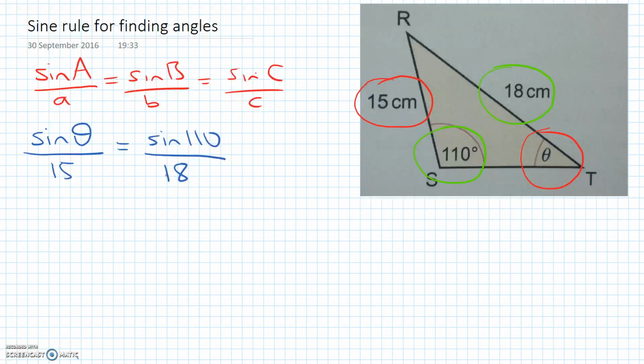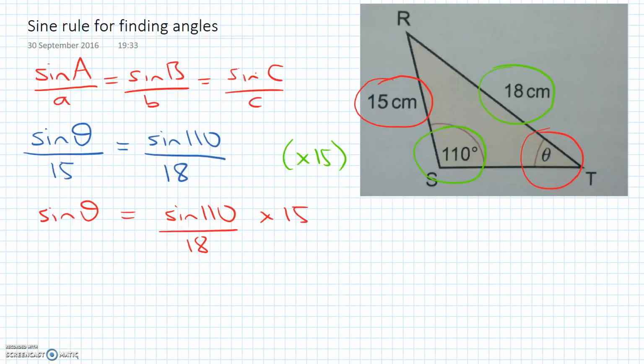Okay, so we've now got a relationship with theta in it, but we need to do some rearranging. So if we multiply both sides by 15, the 15 divided by 15 will cancel on the left. We'll get left with sine theta is equal to the sine of 110 degrees divided by 18 times by 15.